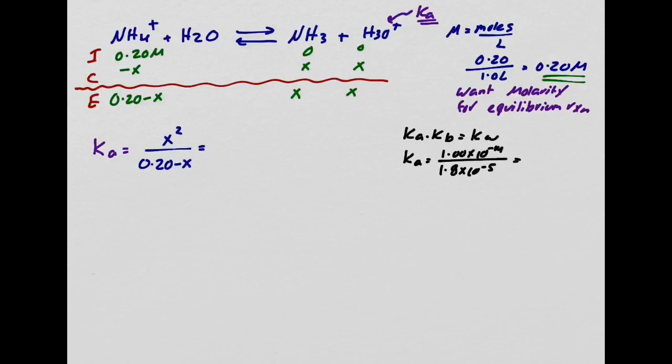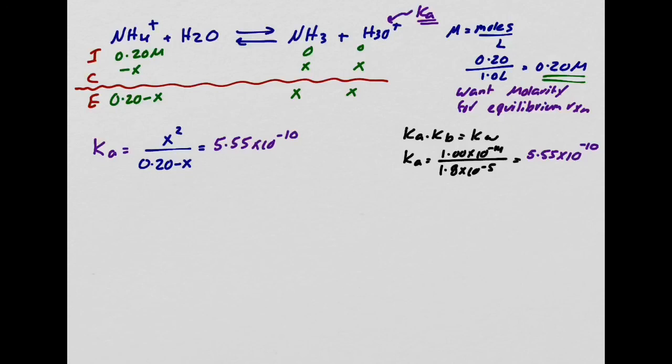And that's okay because I can use this relationship to figure out what is the Ka. This would be 5.55 times 10 to the minus 10. That's the Ka. So far so good? Okay.